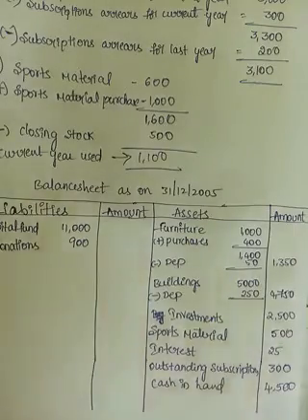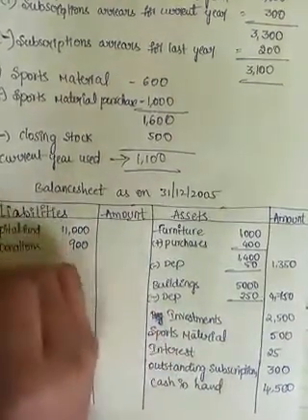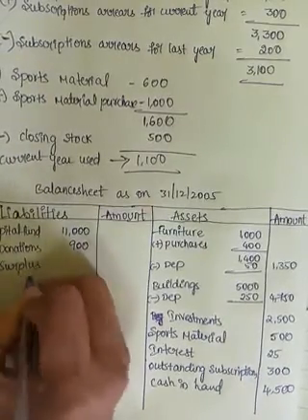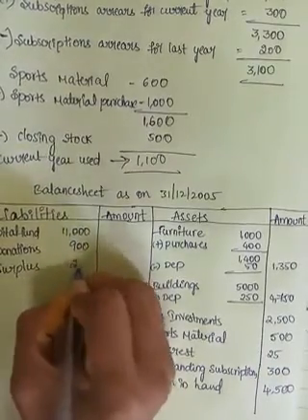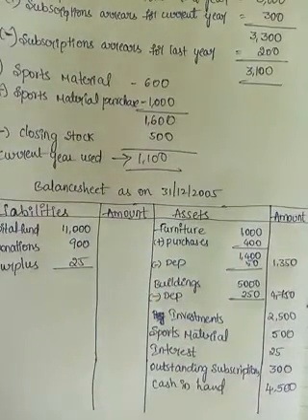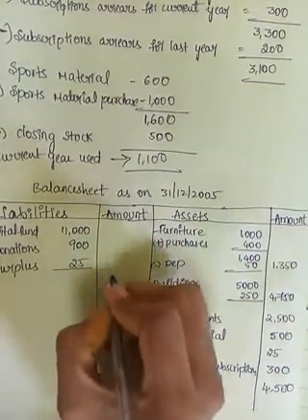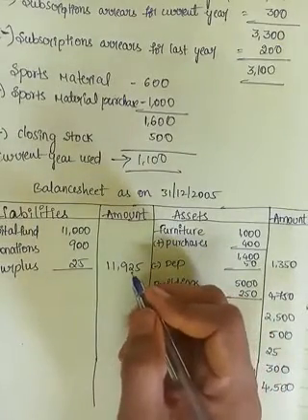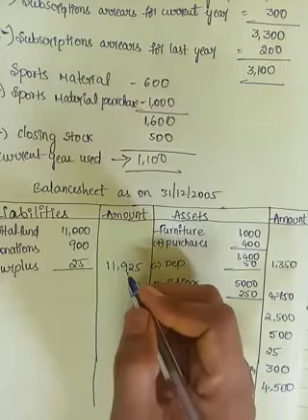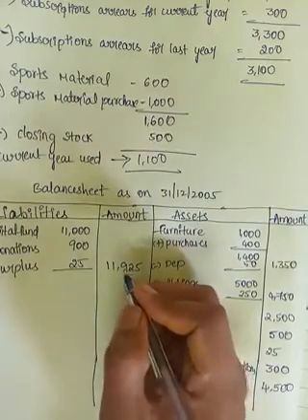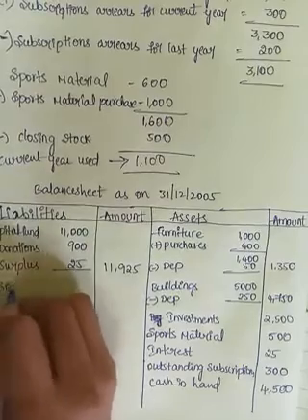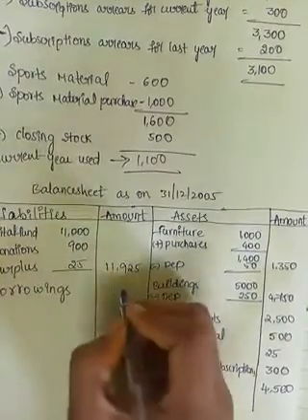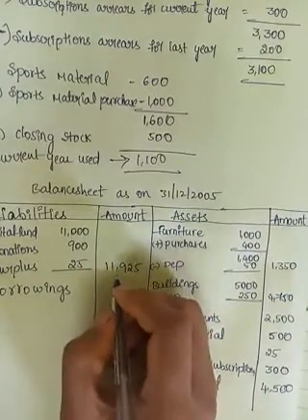If any deficit is obtained, that time we deduct it from the capital fund. So in this problem, a surplus is obtained. So add surplus. The surplus amount is 25. Total of the capital fund amount is 11,925. Next is borrowings. Borrowings amount is 2,000.